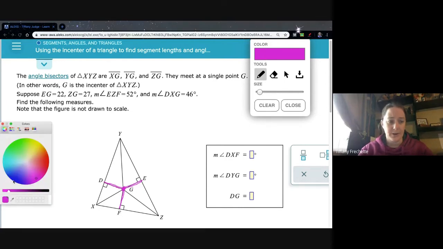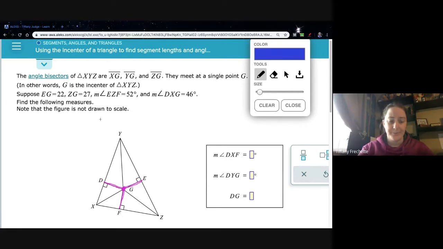Let's see, I'll put it in blue here. So we have EG is 22. And remember, I marked these in pink so that you would start to remember, if I know one of them, I know all of them. So I can just fill that in real quick. And then ZG, so this one down here, is 27.